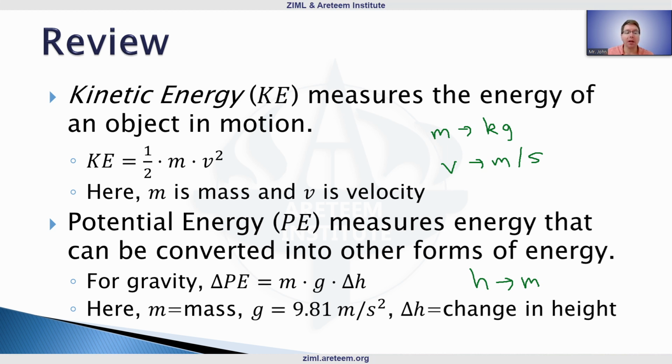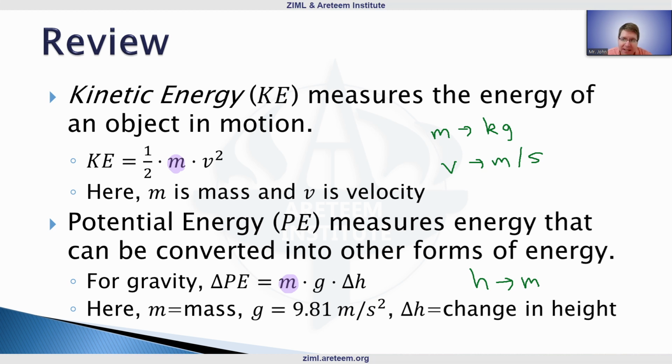Now, one thing I want to keep in mind, and we'll mention this on the next slide as well, is that the mass appears in both equations. So we're going to be setting these equations equal to each other, and the mass will cancel out.